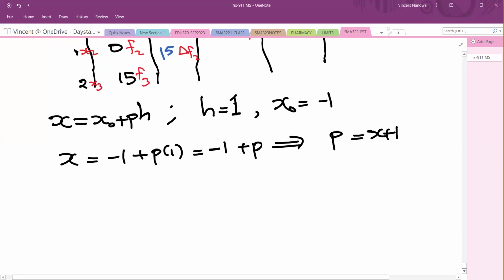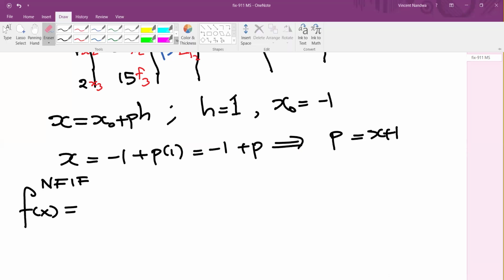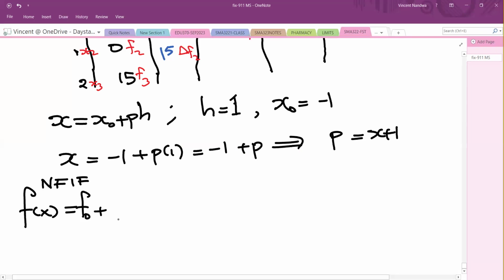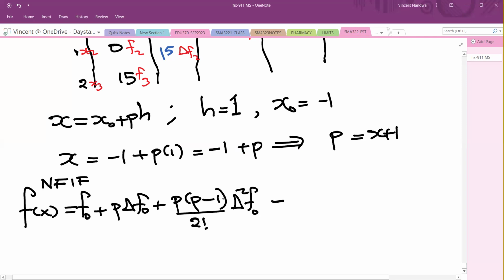So you write your formula that f of x by the Newton forward interpolation formula is given by f naught plus p times the first forward difference of f naught, plus p into p minus 1 over 2 factorial times the second forward difference of f naught, plus p into p minus 1, p minus 2 over 3 factorial times the third forward difference of f naught.